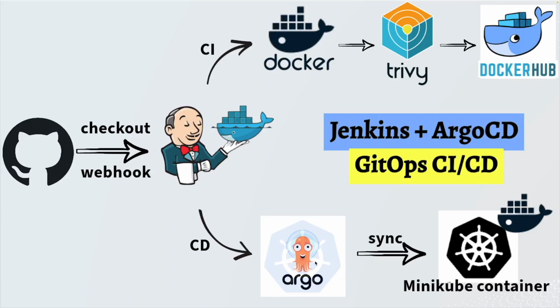And then I will use ArgoCD as my GitOps tool to do the continuous delivery, where whenever any changes are made to our Kubernetes manifest inside our GitHub repository, this ArgoCD will take over and synchronize the application that's deployed on the Minikube cluster. But please note that the Minikube cluster that we have will be running on a Docker container. Okay, so it's not a Minikube cluster that uses a VM. This will be a Minikube cluster that is going to be running as a Docker container.